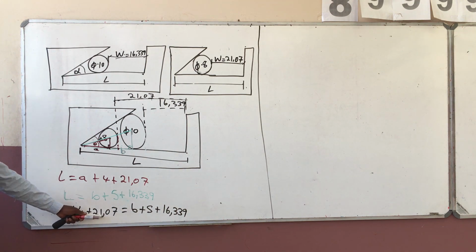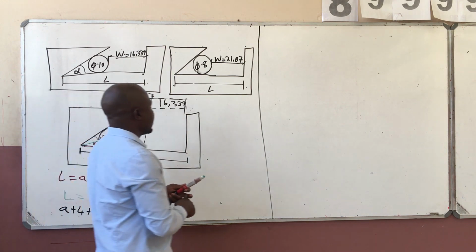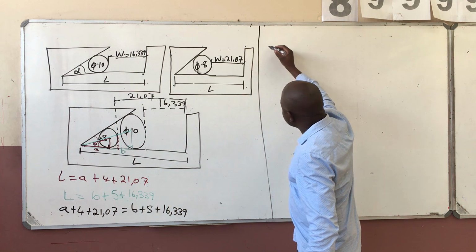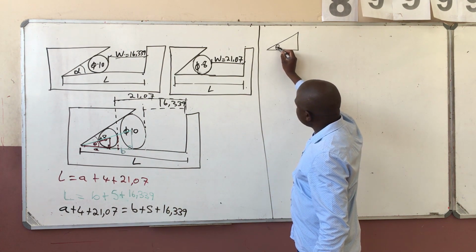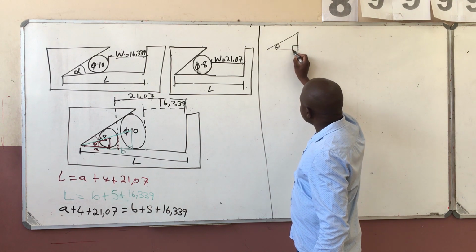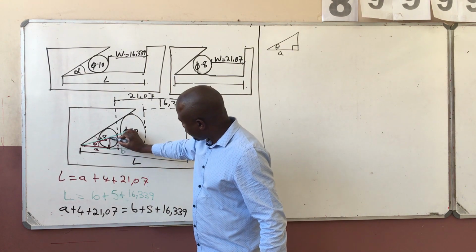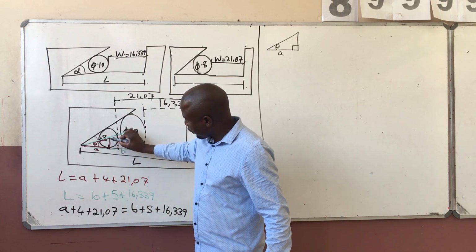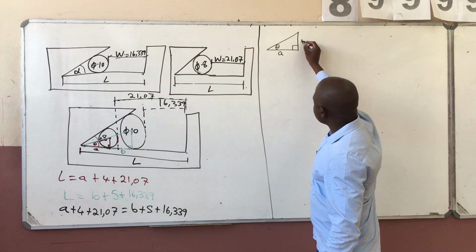So A is in the red triangle. I will take the red triangle out with the theta there. There's A, and the opposite of theta is 4, because that is a radius.